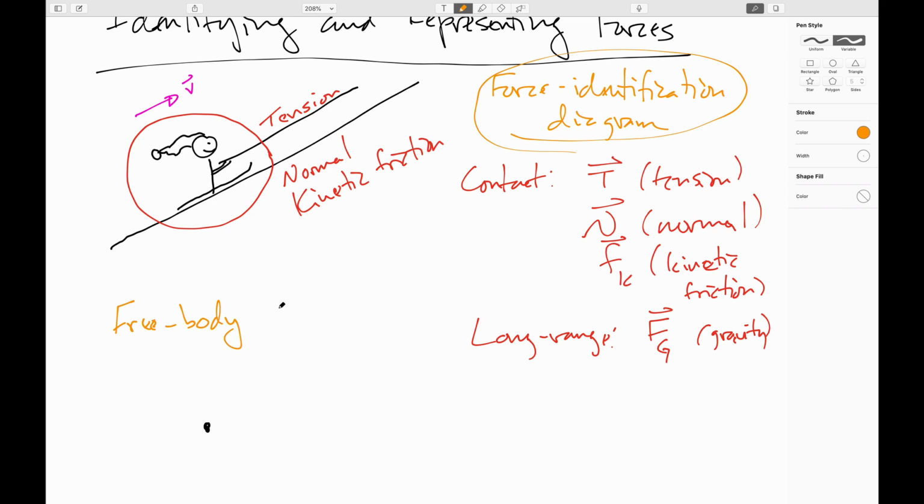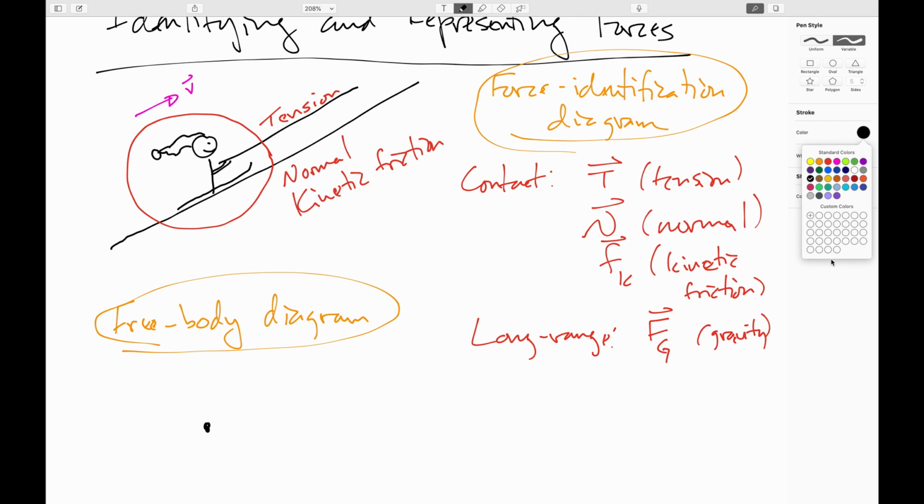In a much more advanced undergraduate treatment, you can show that if an object is rigid, you can completely describe its motion as the translation of its center of mass combined with the rotation of the object about its center of mass. So what I've done here is just draw a dot, and this dot represents the center of mass, just like in our motion diagrams. Since we can, for all purposes, treat the object as if it were a dot at its center of mass, we can go ahead and attach our force vectors there.